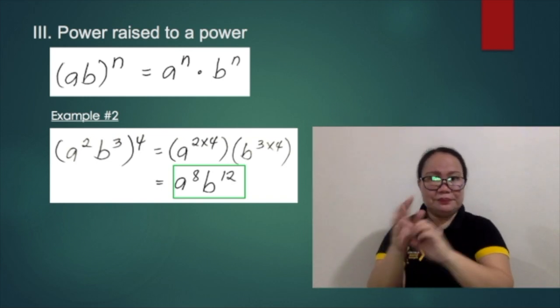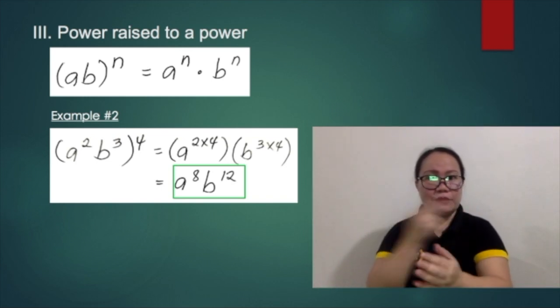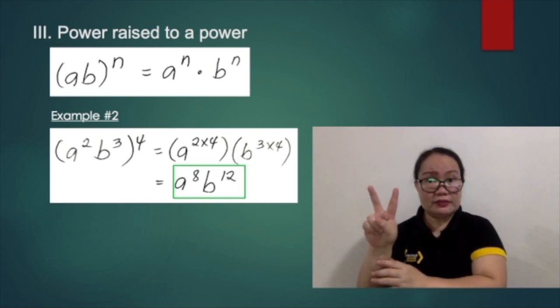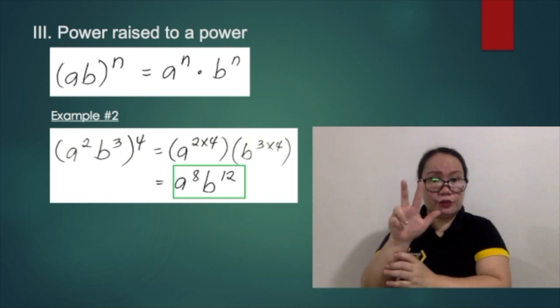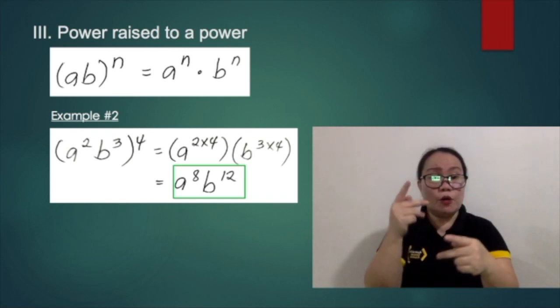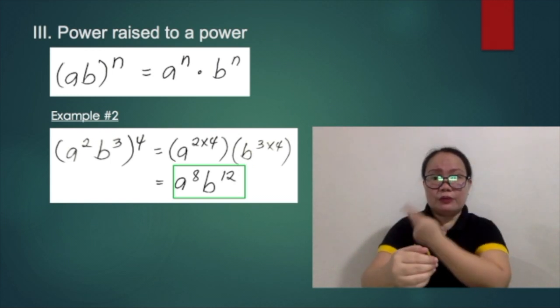Next example, for power raised to a power. Okay, a squared b cubed raised to the power of 4. So simply multiply all the powers.